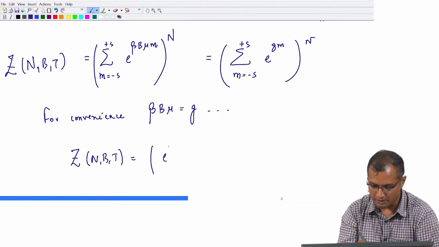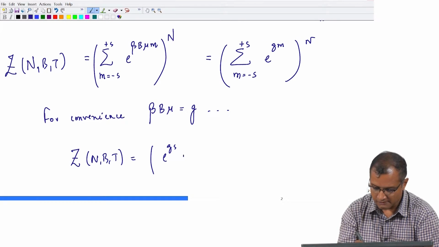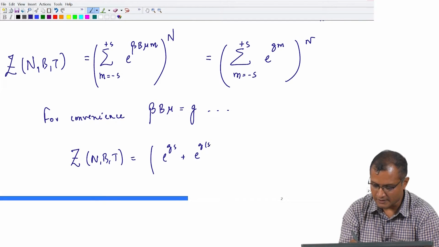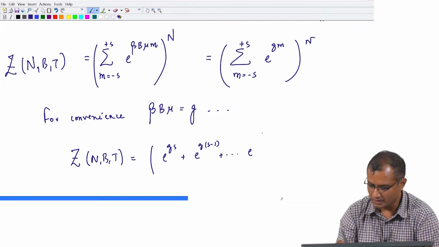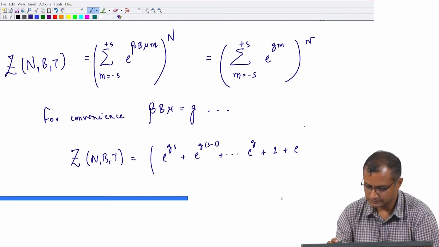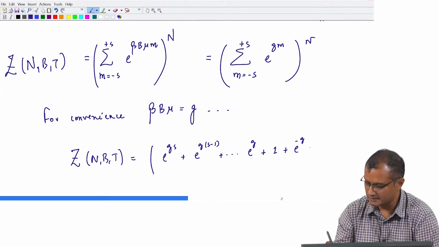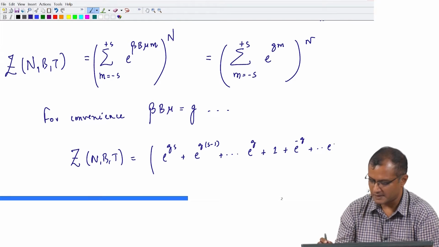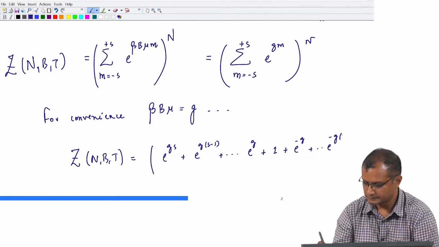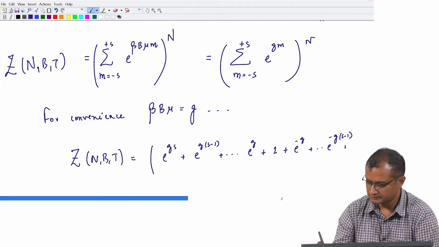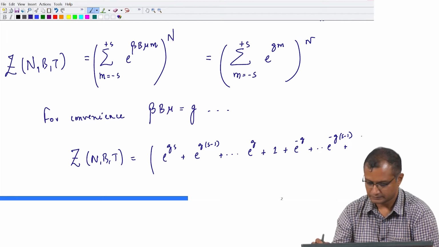I will be getting e to the power g s plus e to the power g (s minus 1) all the way to e to the power g times 0, which gives me 1, plus e to the power minus g, plus so on.